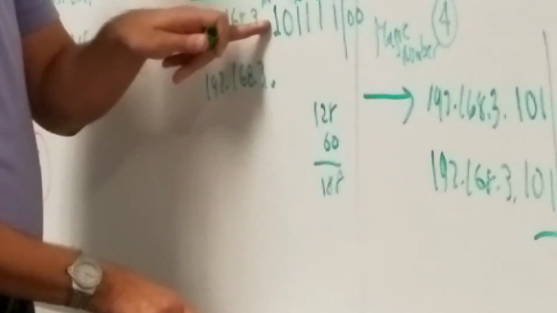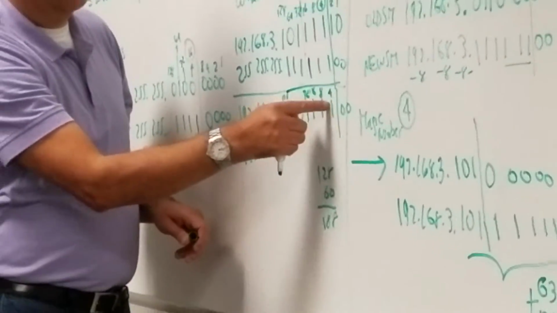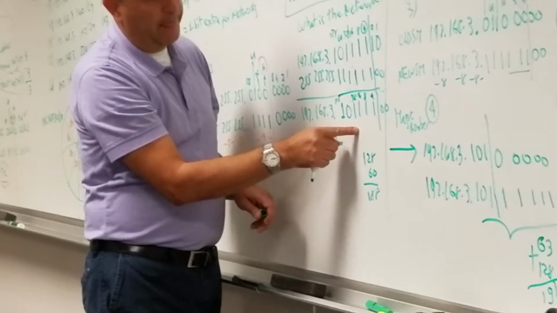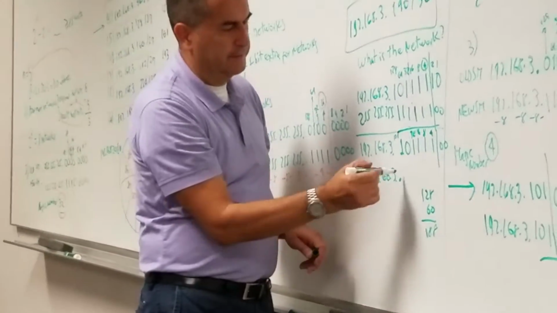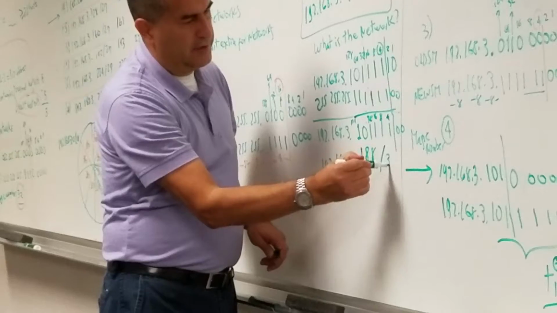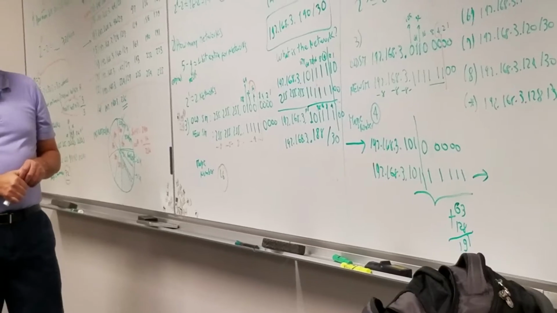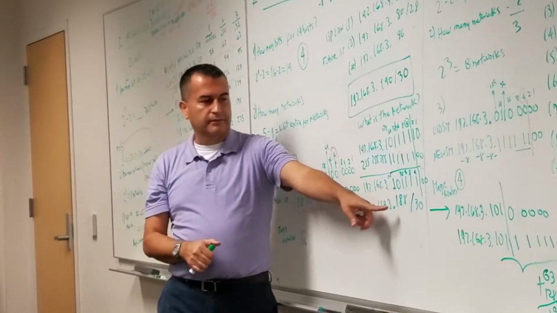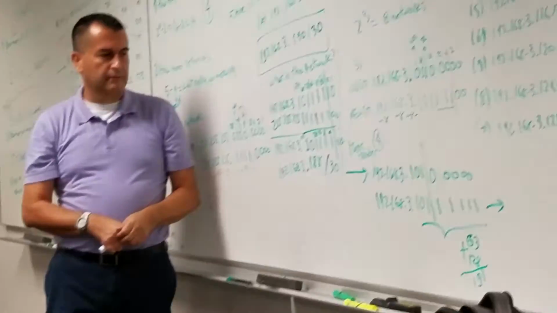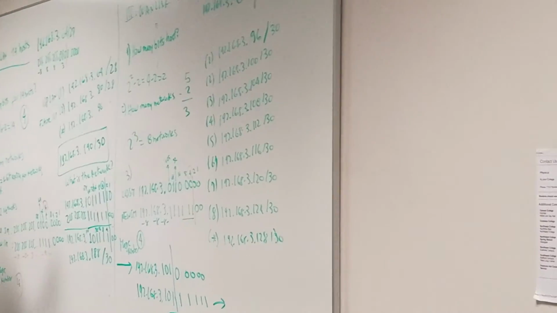So it's 188, slash that. Does it make sense? First usable, 189. Last usable, 190. Good twist.